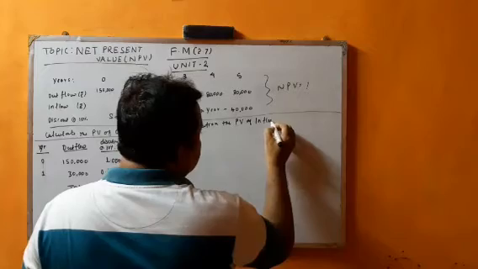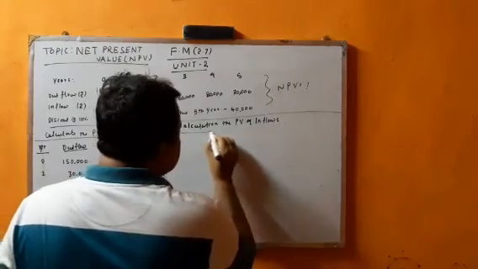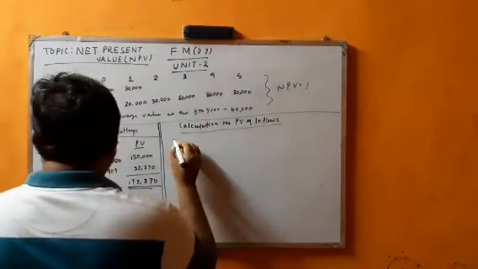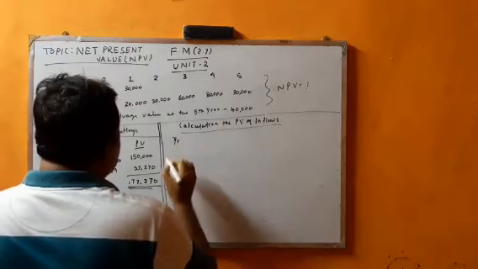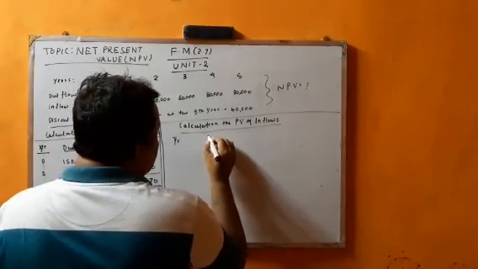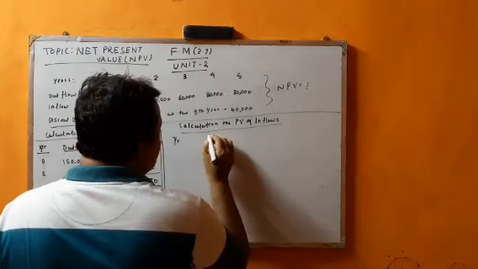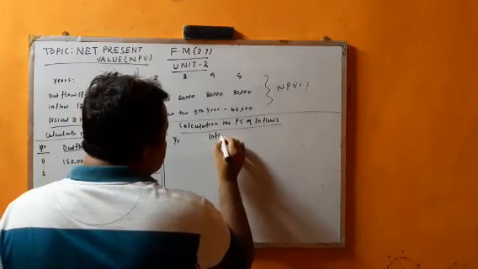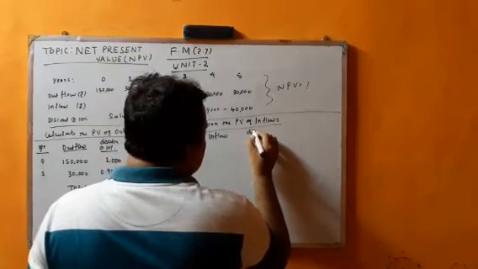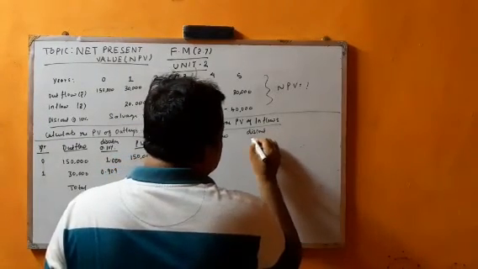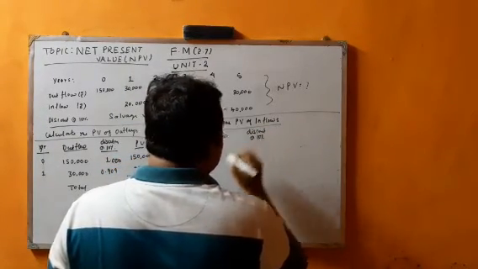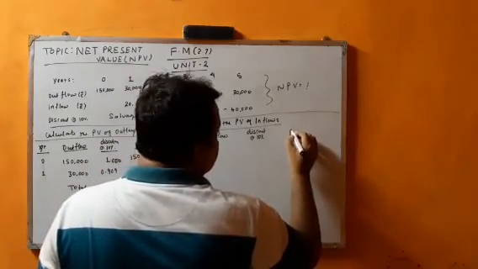Okay, students listen here, it is very easy to calculate, no hesitation, no doubt. So here we have the inflow, then your discounting factor at 10%, then present value.